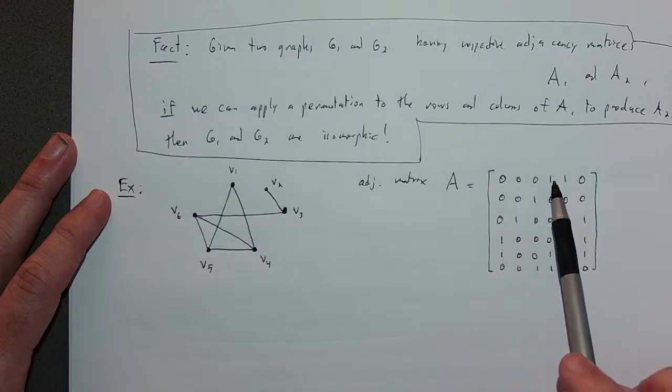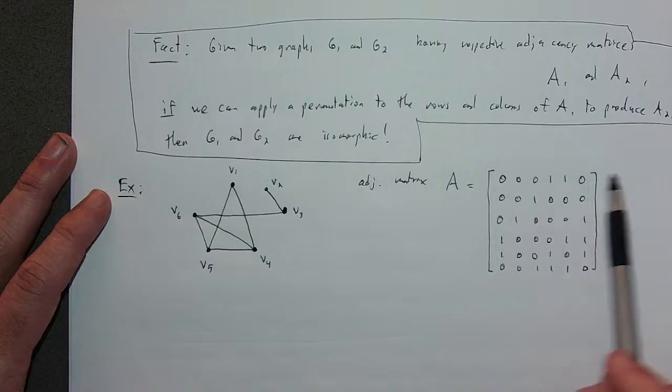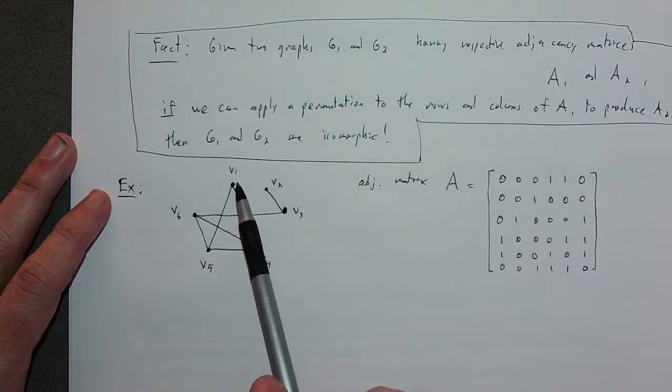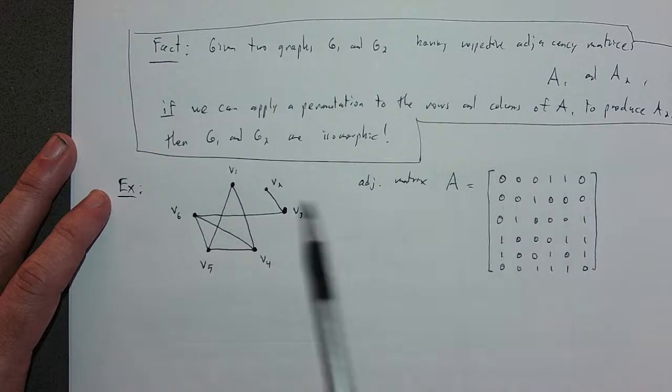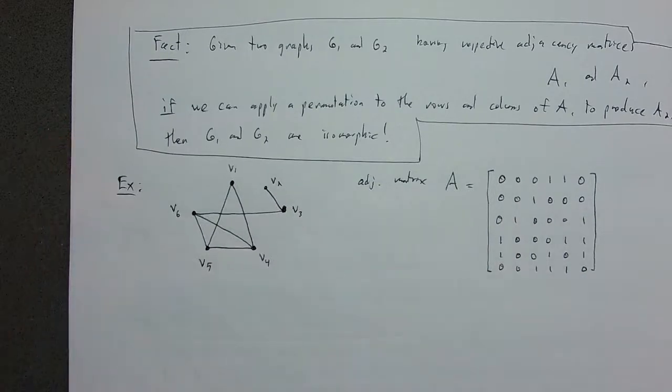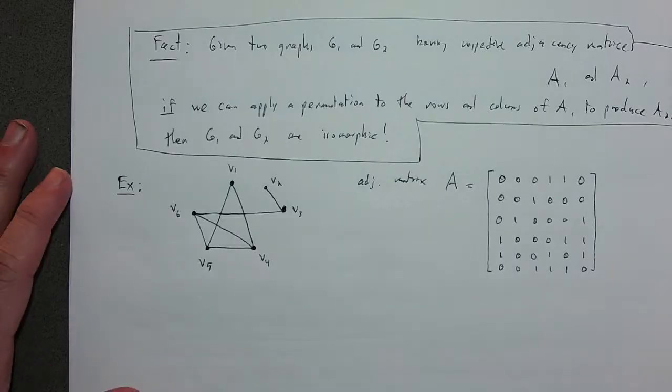This is the number, so the number of ones in the first row would be the degree of V1. Number of ones in the second row would be the degree of V2. Number of ones in the third row would be the degree of V3, and so on, right? So counting the number of ones here, say in a row or column, right, is counting degrees.